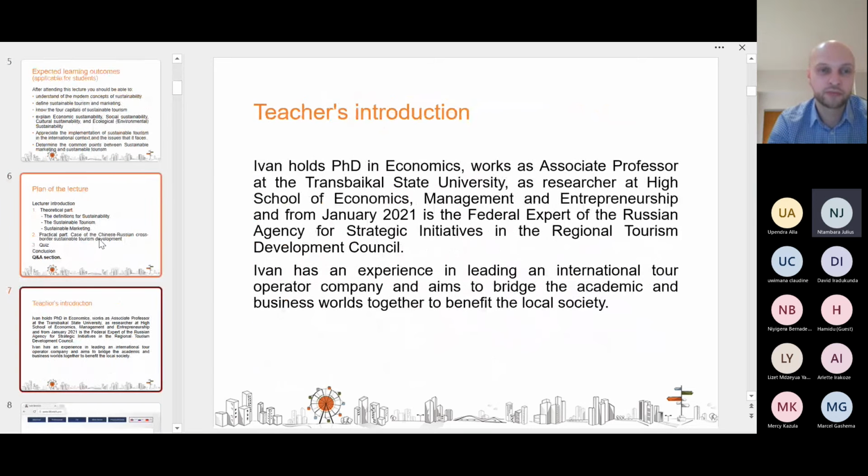Then we shifted to implementing the sustainability and sustainable development framework in tourism and discussed the four capitals of sustainable tourism: social, ecological, environmental, and cultural.